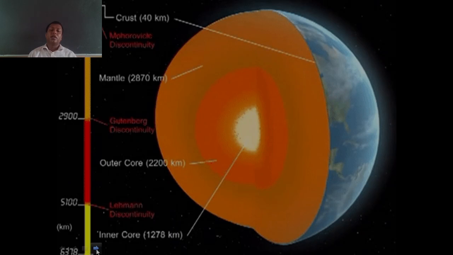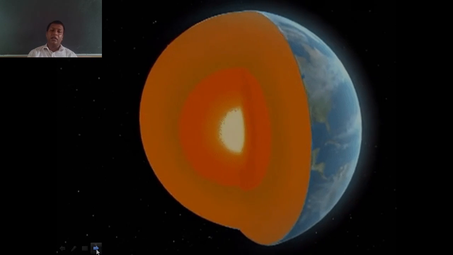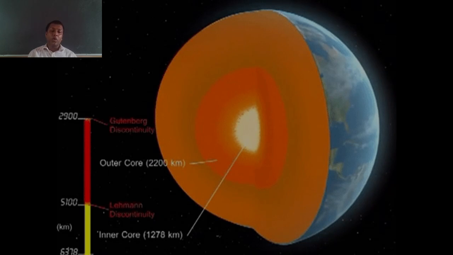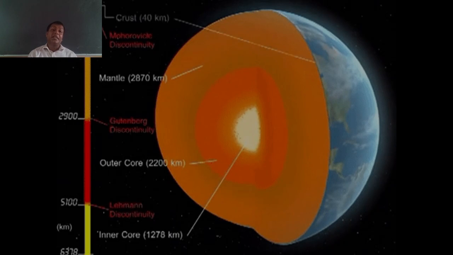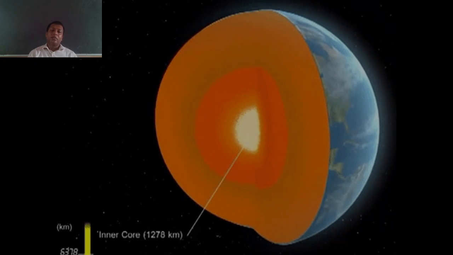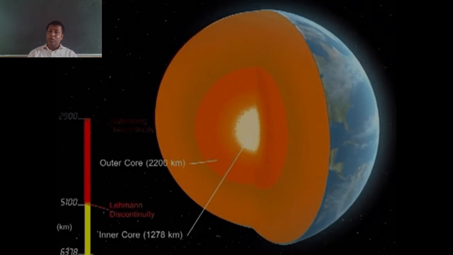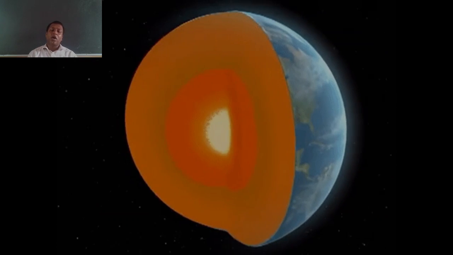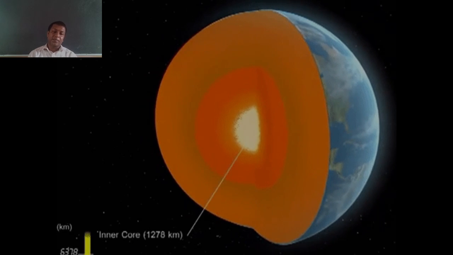Between the outer core and the mantle we have the Gutenberg discontinuity, and between the outer core and inner core, the boundary is the Lehmann discontinuity. Above, you can see between the crust and mantle, you have already understood this, but for the sake of your knowledge, the Mohorovicic or Moho discontinuity.